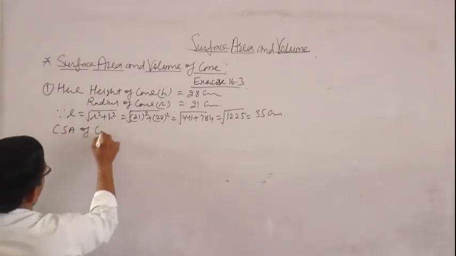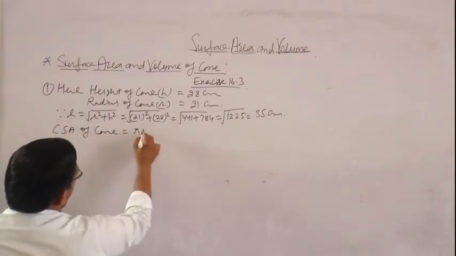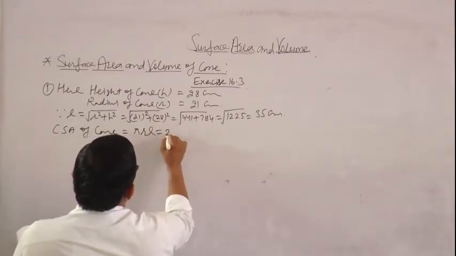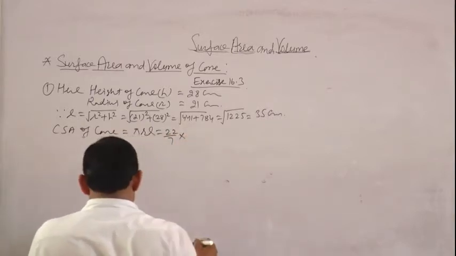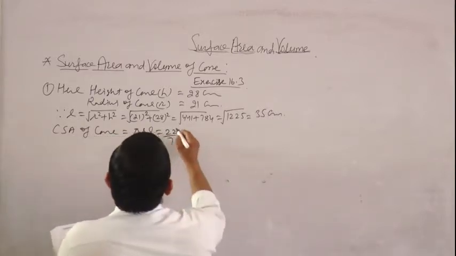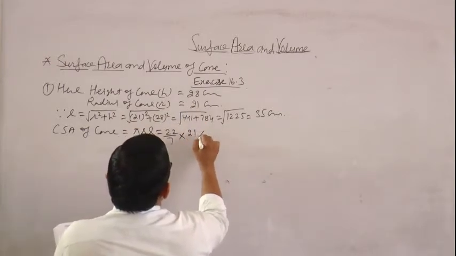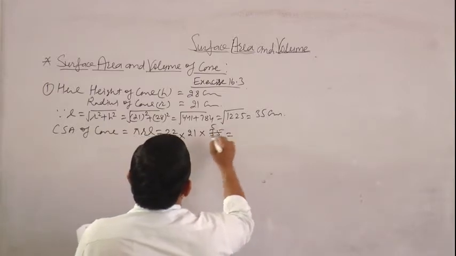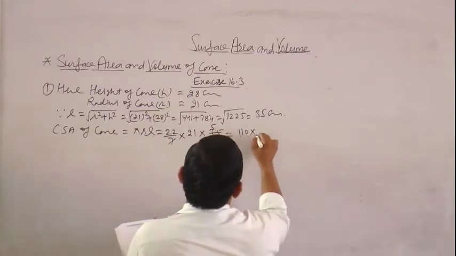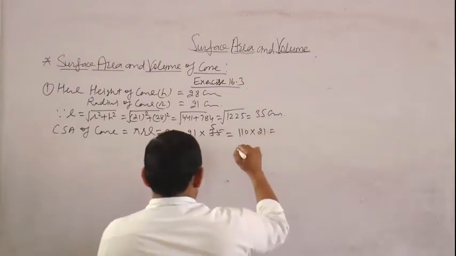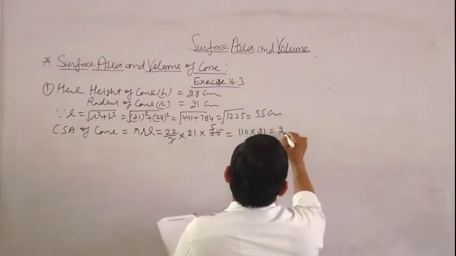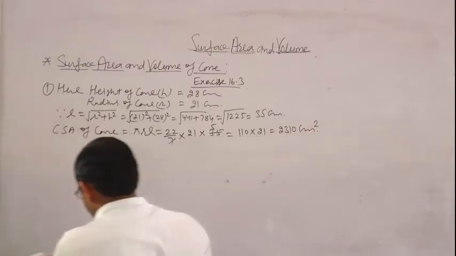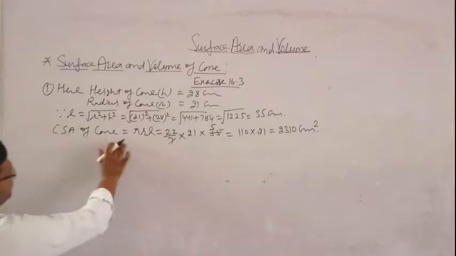CSA, curved surface area of cone, is equal to pi r L, where pi is 22/7 and r is 21 multiply slant height 35. 7 5s are 35, 22 times 5 is 110, multiply 21, that is 2310 centimeter square. This is the CSA of cone.